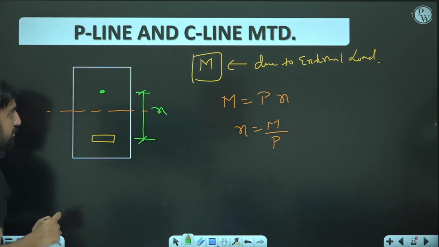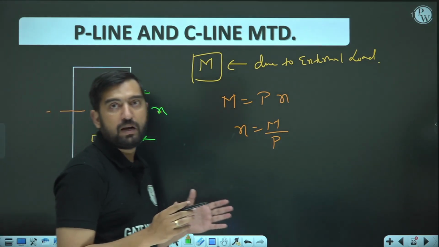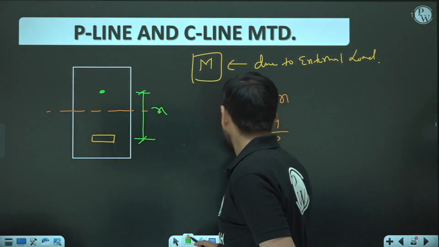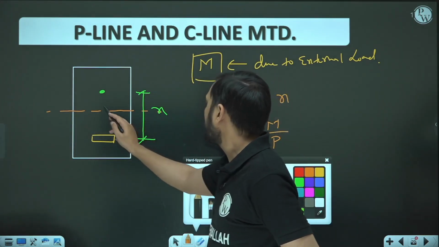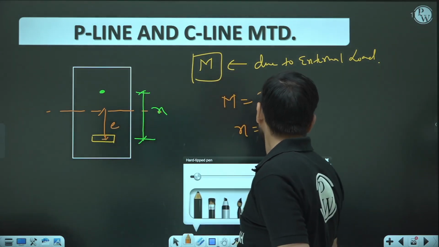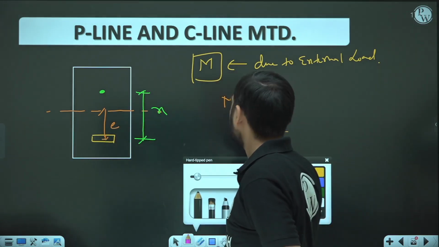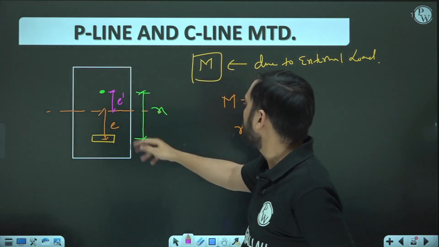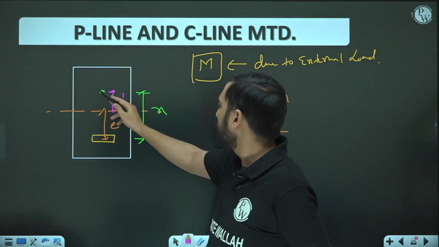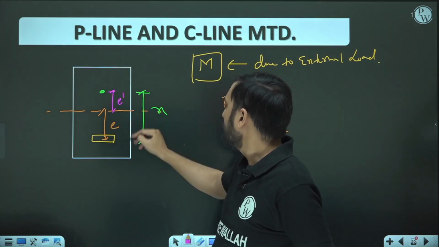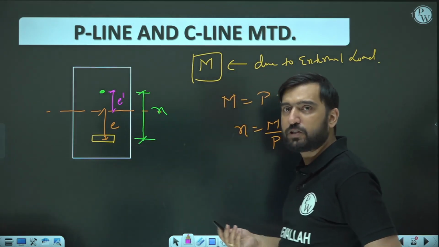So this time the calculations are to be made with respect to compressive thrust. You are not going to use the earlier eccentricity. Earlier you were calculating with respect to that eccentricity, but this time you are going to use the eccentricity of the compressive thrust, which is none other than this E dash. So E dash is X minus E, or if this green point is somewhere here, in that case E dash is E minus X. Depending upon its location you can fix it.